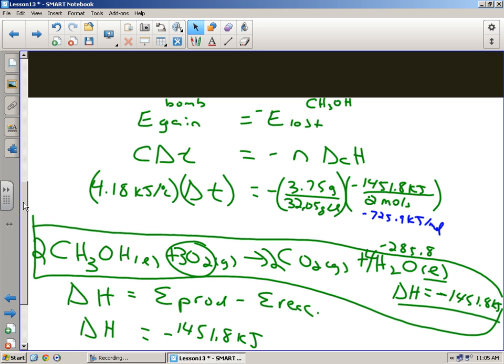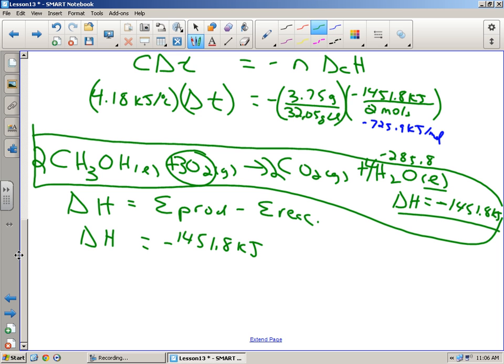I get about 84.9 kilojoules given off. It takes in 84.9 here because energy lost has to equal energy gained. And I got a 4.18 there, so I'm going to divide both sides by 4.18. All said and done, delta T should be 20.3 degrees Celsius.